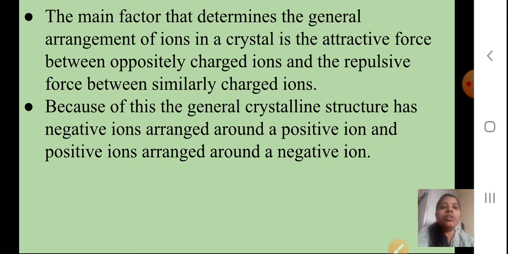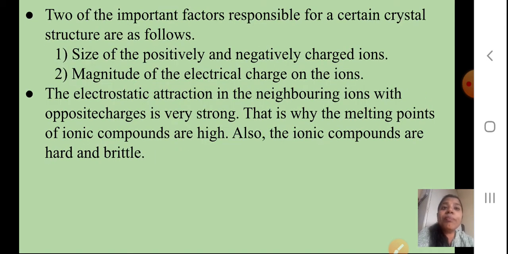Now, the two important factors responsible for a certain crystal structure are as follows. First, the size of the positively and negatively charged ions, how big or small the ion is.